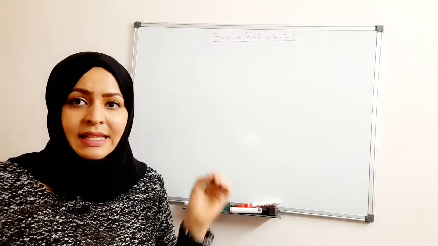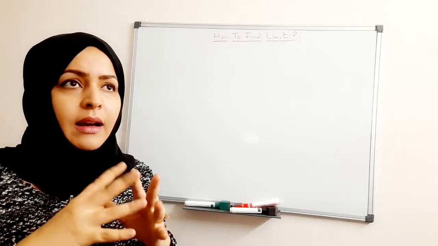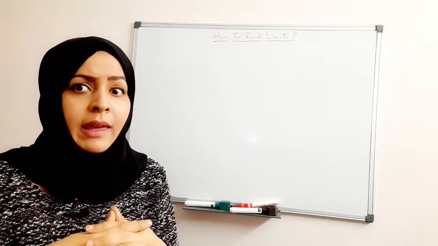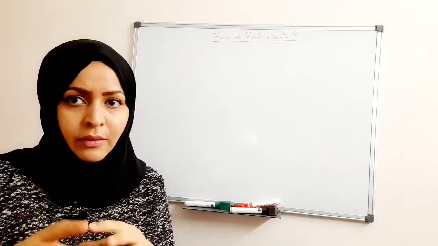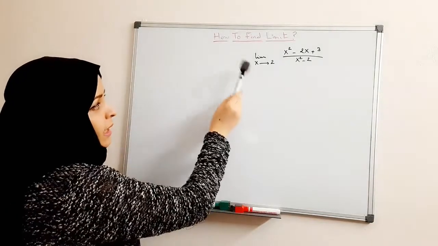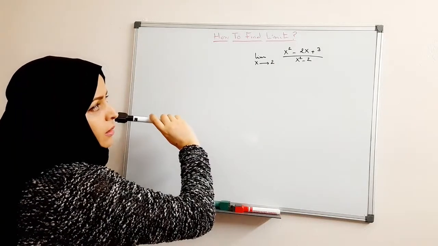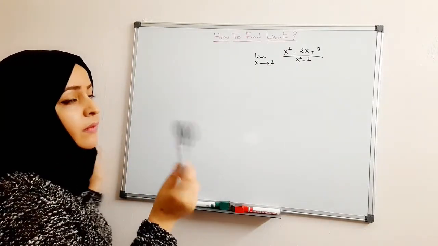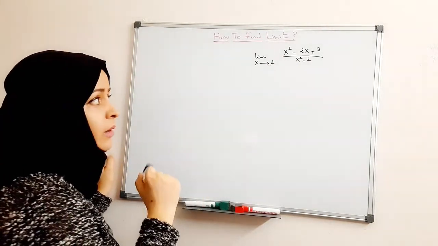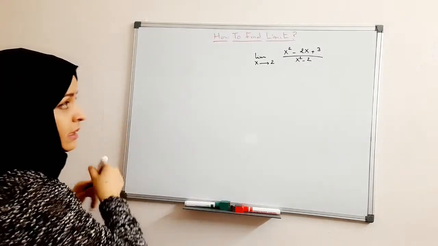So since x is very close to a, the very first thing we might think about is to substitute by the value itself. The limit when x approaches 2 means that x is very close to 2.